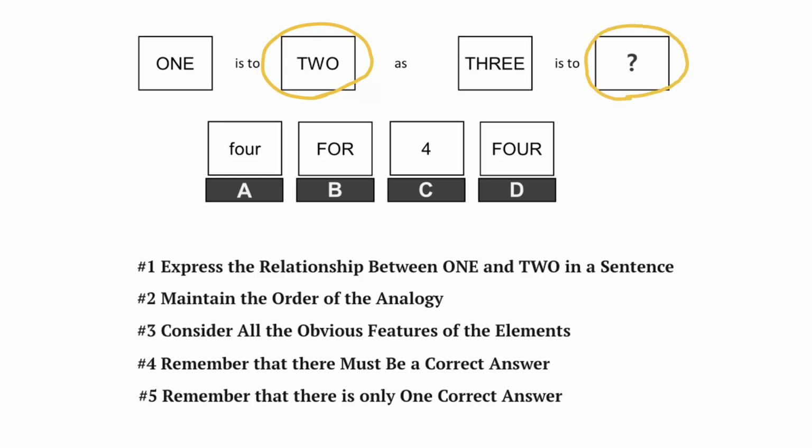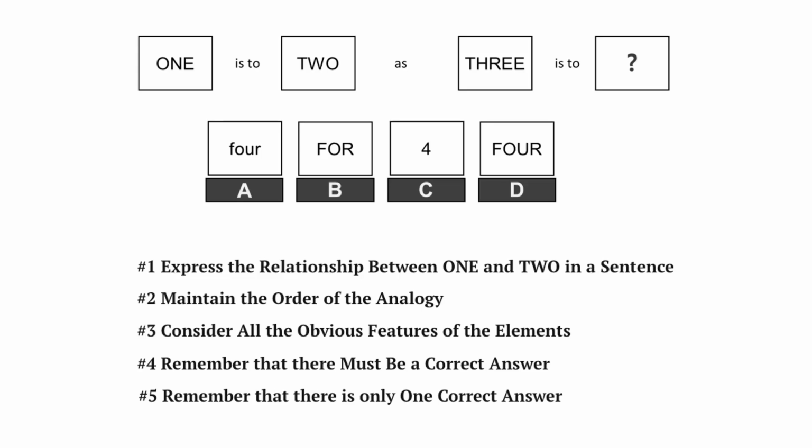You have to rely on the structure 1 is to 2 as 3 is to 4, and thus you must maintain the order. Then we have essential rule number 3, consider all the obvious features of the elements. Now, you can rely on the fact that there won't be any redundant features to any of the elements in any of the pairs, so nothing is worth putting aside.